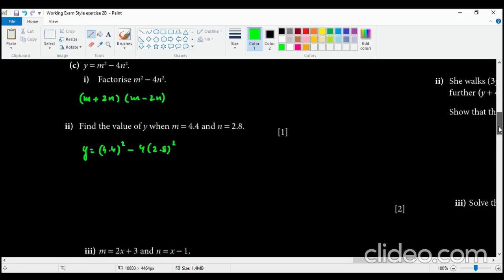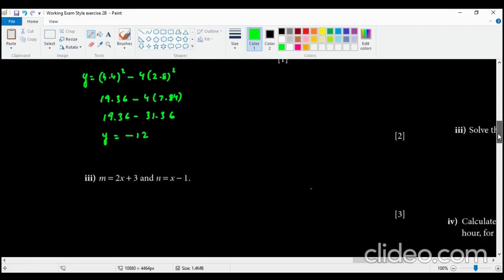So 4.4 square is going to give us 19.36, and 4 times 7.84 is 31.36. So the final answer is going to be negative 12. So y is equal to negative 12 is the answer, and that's a 1 mark question.